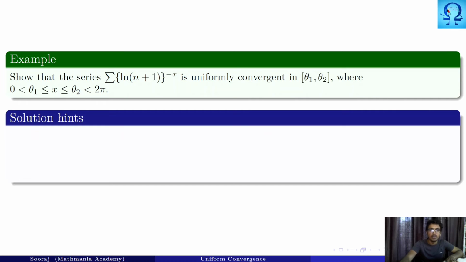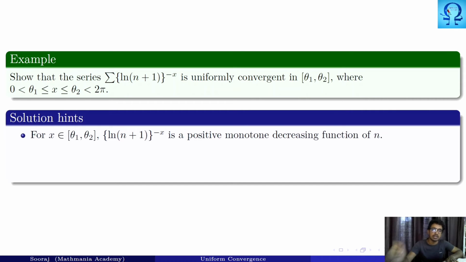First of all, whenever we have values in this interval, we observe this (log n plus 1) to the power minus x is a positive monotone decreasing function of n, and of course this is smaller than or equal to (log n plus 1) whole power minus theta 1. Since it is monotonically decreasing, the initial value would be the upper bound.